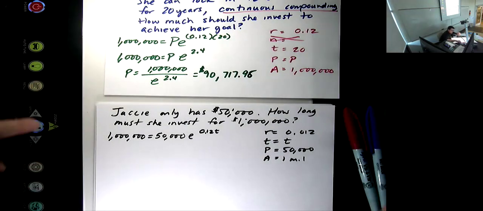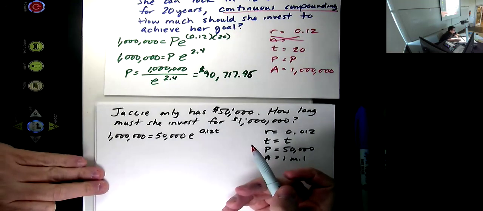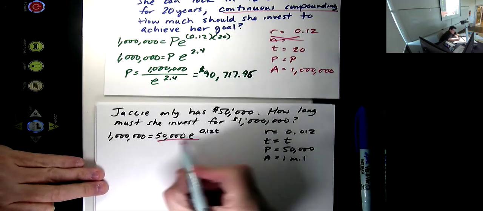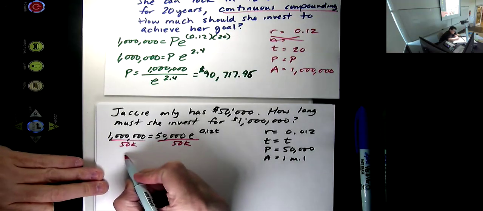So we need to isolate the exponent. Divided by 50K. And what is that, 20 on the left side?